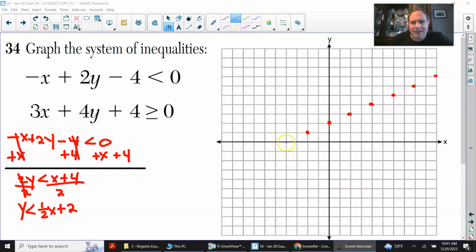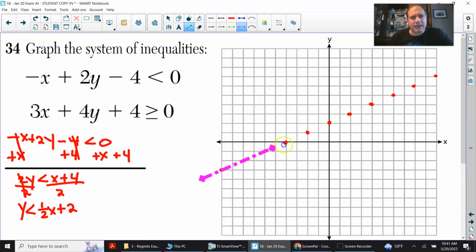So I'm doing this by hand. All right, I'm not looking at my calculator because I know, in 8th grade, and by the way, this is a less than symbol, so you're going to put a dashed line because, again, it's not equal to, it's less than, so that means less than is shaded below, and if you look at your calculator, you'll see it's shaded below.